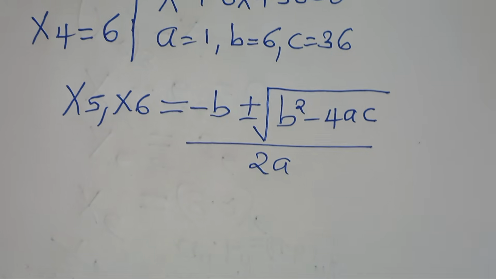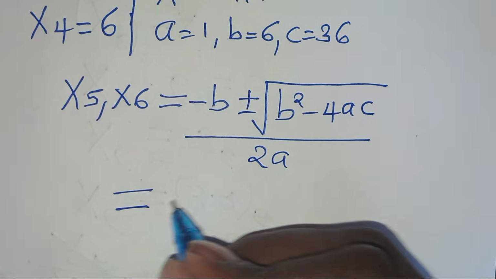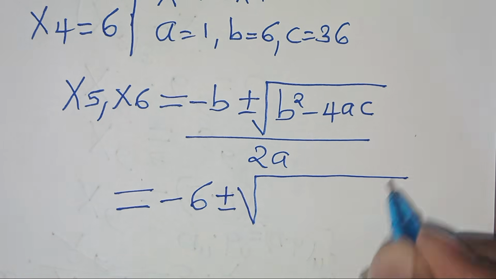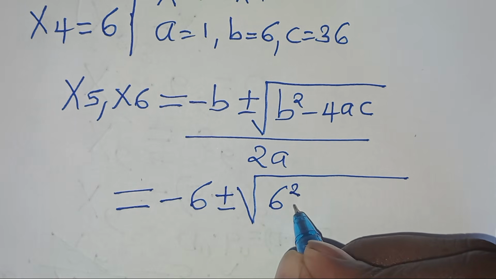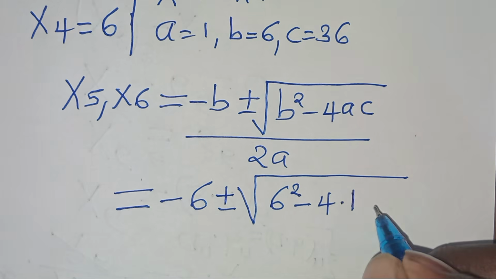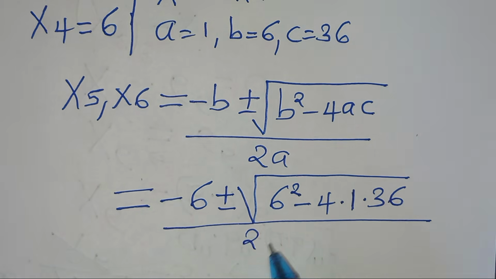So let's substitute the values of a, b, and c in this formula here so that we have minus 6 plus or minus the square root of 6 to the power of 2, now minus 4 times a which is 1, times c which is 36, divided by 2 times 1.